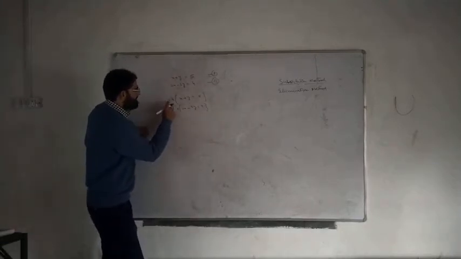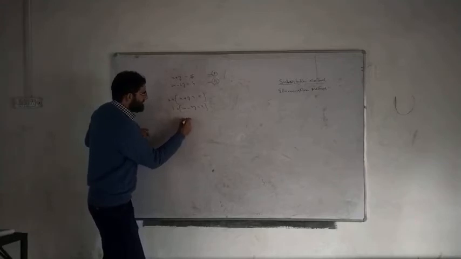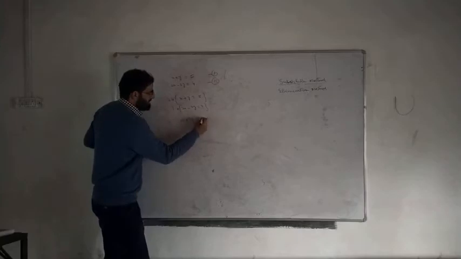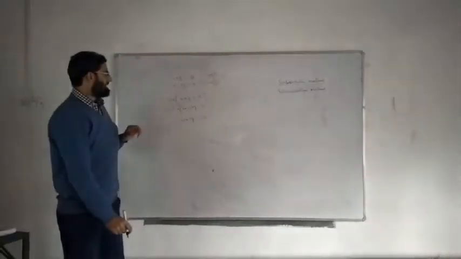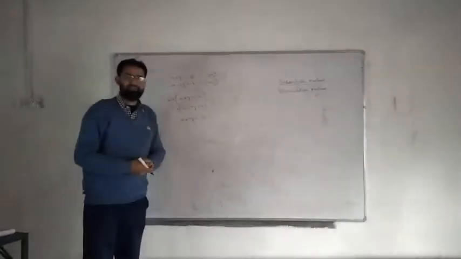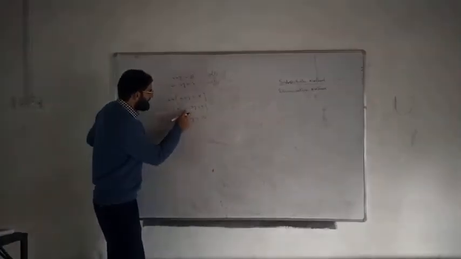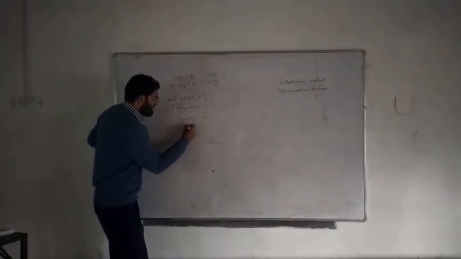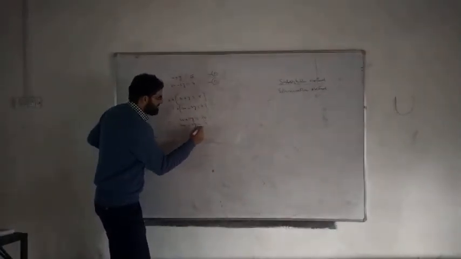Now multiplying, this is 2x plus 2 into y is 2y is equal to 5 twos are 10. The whole equation should be multiplied, not only this part but the whole equation, so that it becomes easier. So 1 multiplied by 2x is again 2x minus 3y is equal to 4.